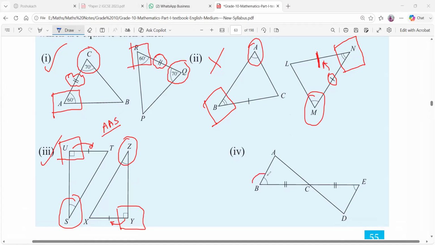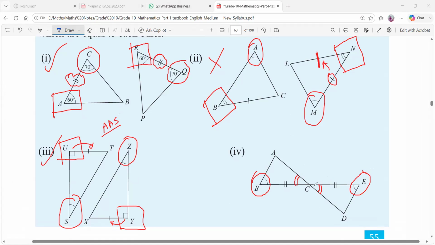Here one angle is already mentioned. Is there any other angle? What can you say? They already have one angle. Is there any other angle? Yes. Look there. These two. What are they? Vertically opposite angles.